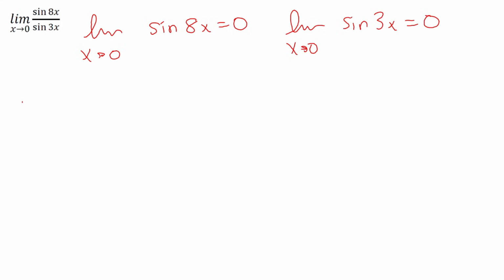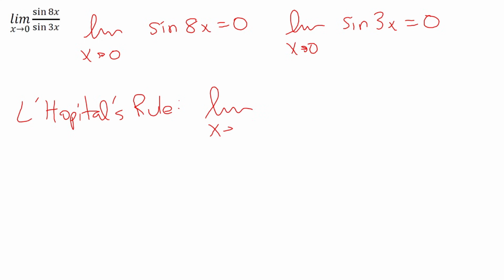So we can then just rewrite this using L'Hopital's rule and take the derivative of both the top and the bottom. So this becomes a limit as x approaches 0 of the derivative of sine 8x, which according to the chain rule is 8 cosine 8x, and the derivative of sine 3x, which is just 3 cosine 3x.